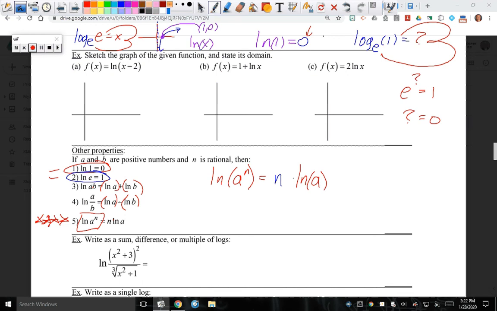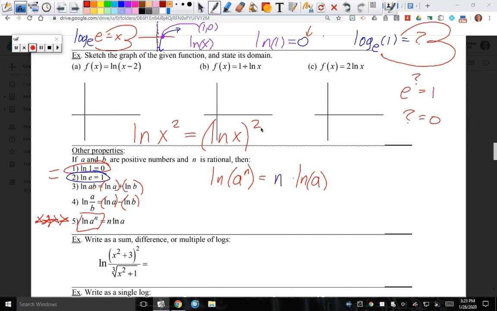If you put natural log of a to the n like this in a calculator, let's say that we have natural log of, because this n is probably throwing you off a little bit, sometimes it throws people off. Let's say we have this. This is the same, if you put this in a calculator, as that.